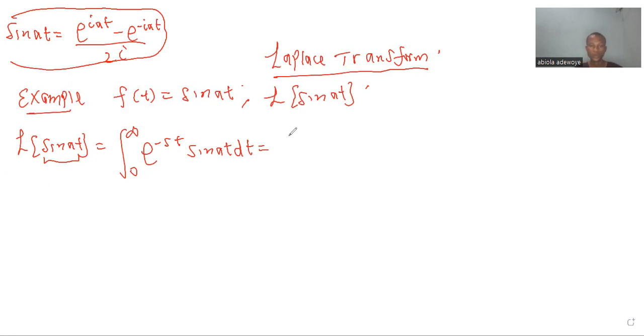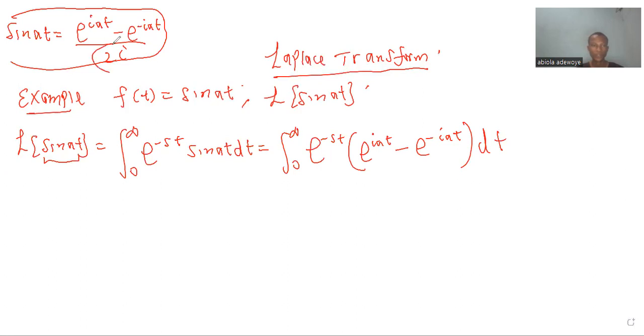So it means I'm going to have the integral from 0 to infinity, exponential minus st, open bracket, exponential i at minus exponential minus i at, dt. And don't forget, we have 1 over 2i here, which can be put outside the integral.